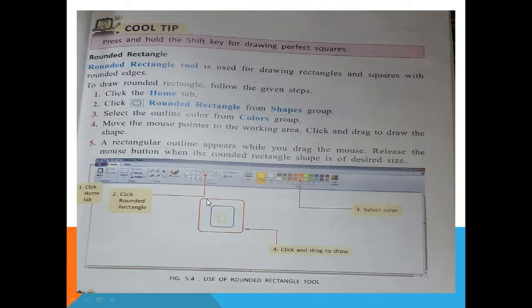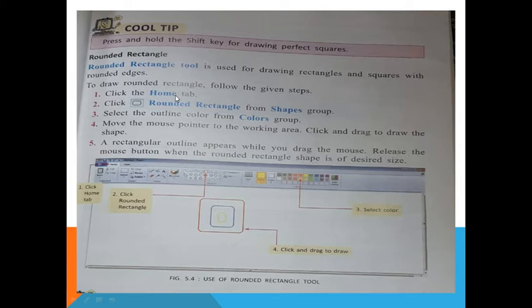Edges means like this, see, these are the edges. To draw a rounded rectangle, follow the given steps. First click the home tab, second click the shape and rounded rectangle from the shapes group. Select the outline color from the color group. Move the mouse pointer to the working area, click and drag to draw the shape.